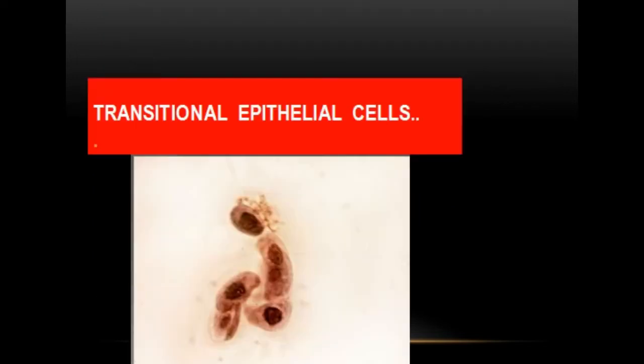Transitional epithelial cells are characteristic of urinary tract infection. Basically, these are cells in between the squamous epithelium and the tubular epithelium. They may be pear shaped or round, and they are basically 2 to 4 times larger than white cells. If you continuously use the microscope, you can realize the sizes.